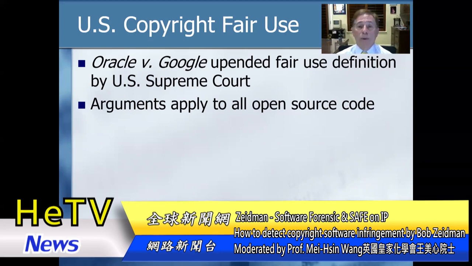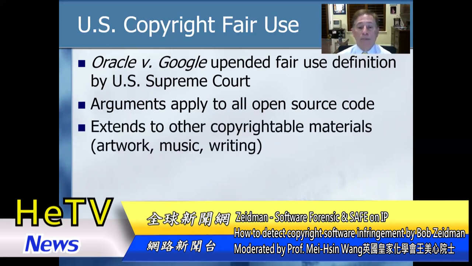It seems that the Supreme Court's ruling applies to open source code, for example. So although open source code has a copyright and can be copied with certain restrictions only, the Supreme Court, I believe, has opened up open source code to being copied in any way whatsoever and calling that copying fair use.